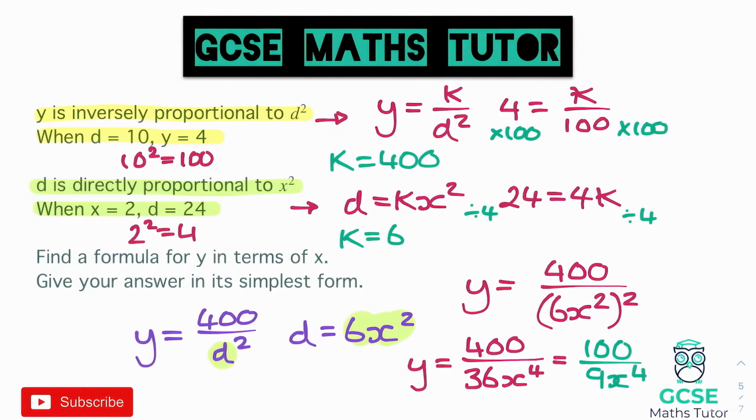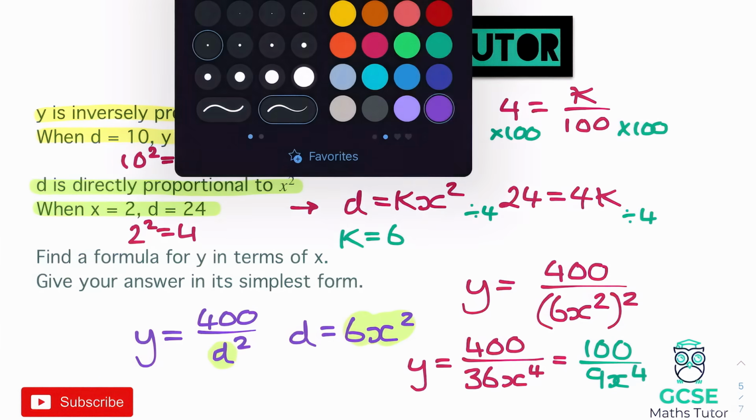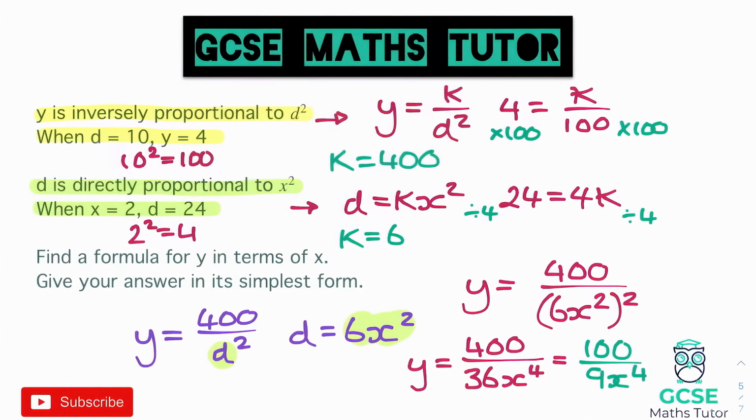And then that is in its simplest form, 100 and 9 don't divide by anything similar, so y is equal to 100 over 9x to the power of 4. And to finish this off, I should get rid of that little step of working out in the middle, so I can write my final answer as y is equal to 100 divided by 9x to the power of 4. And there is our final answer, so let's just highlight that one there.